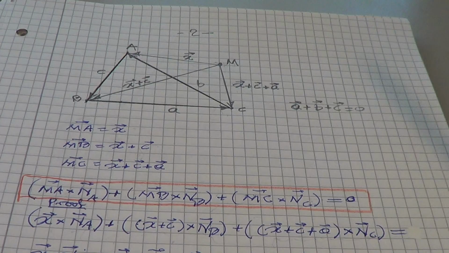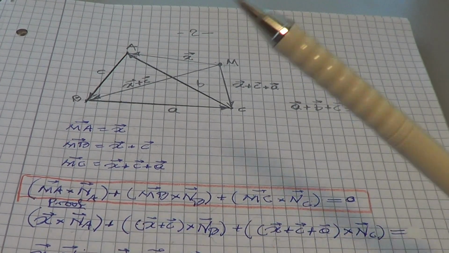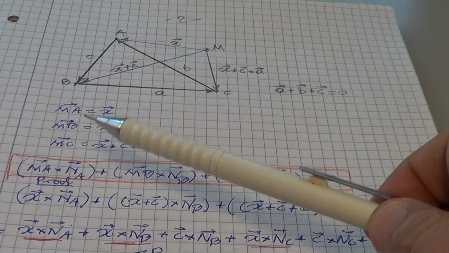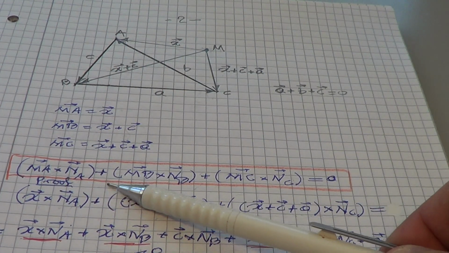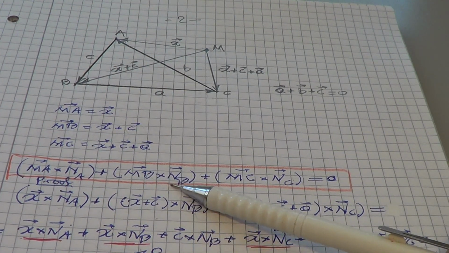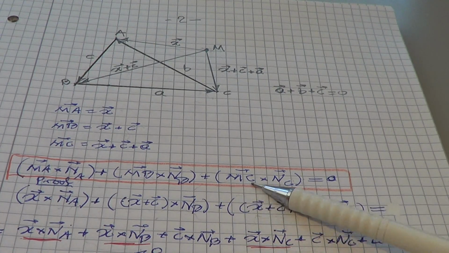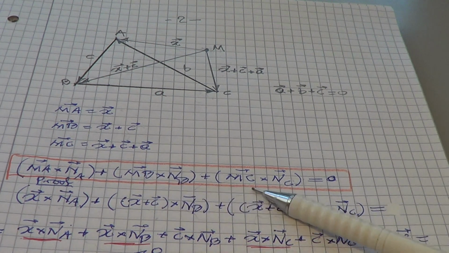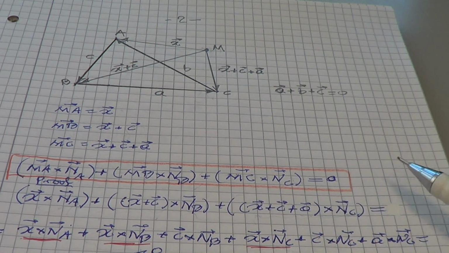Now, we formulate the equation MA cross N_A plus MB cross N_B plus MC cross N_C, and we will prove that this equation is equal to 0.